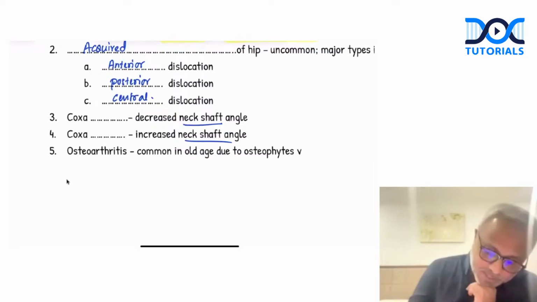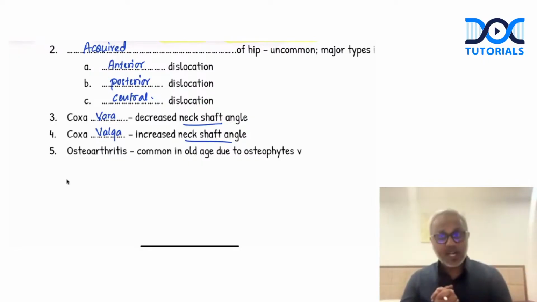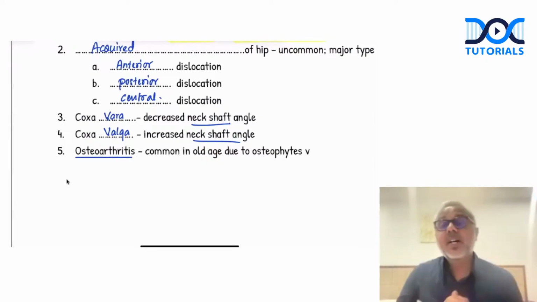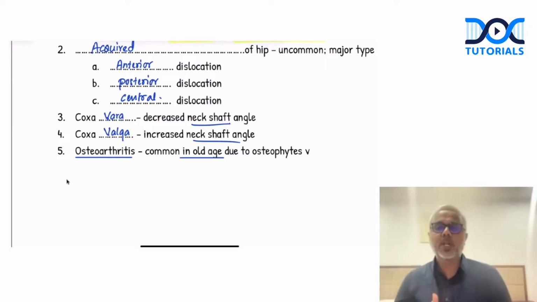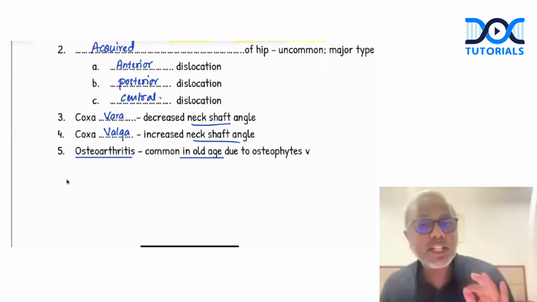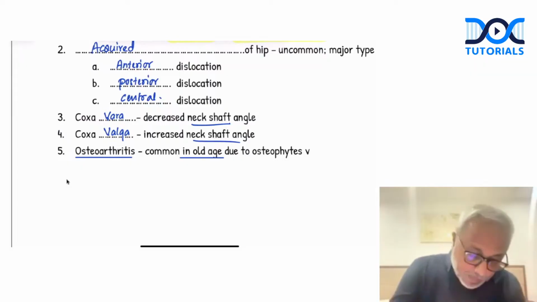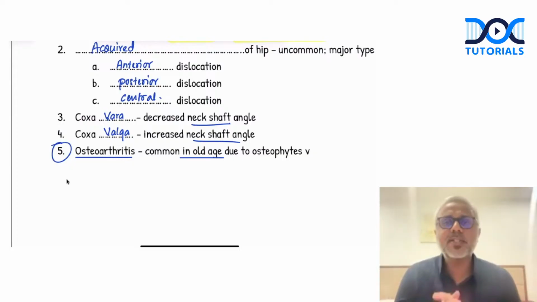If the neck shaft angle is decreased, we call it coxa vara. If it is increased, we call it coxa valga. Lastly, mention osteoarthritis. Osteoarthritis of hip is very common in old age. For any joint, the hip joint and knee joint, apart from dislocation, one common answer you can write is osteoarthritis.